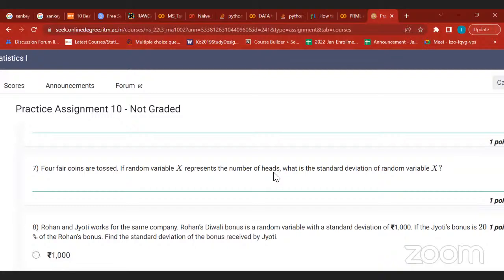Now x equal to 1 means only one head among the 4. On any of the 4 places you can have the head, so 4 options, and on the remaining 3 places you have only one way, it should be tail. So there are 4 ways in which x will take the value 1.